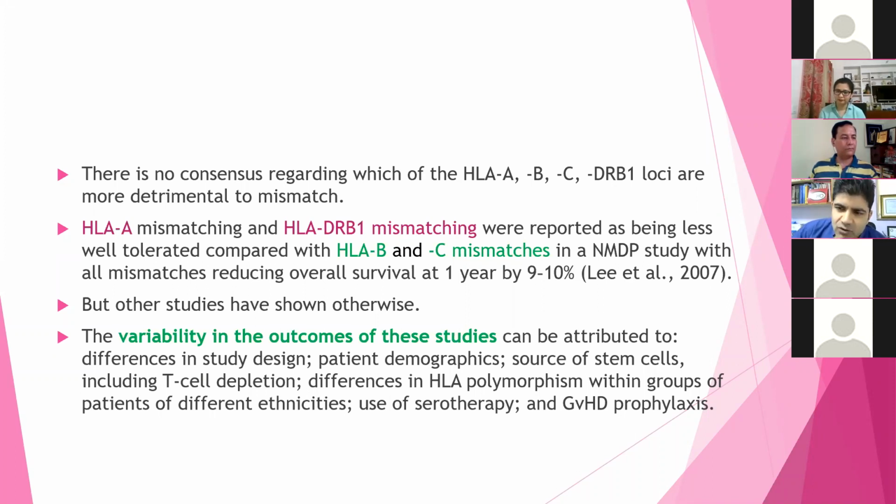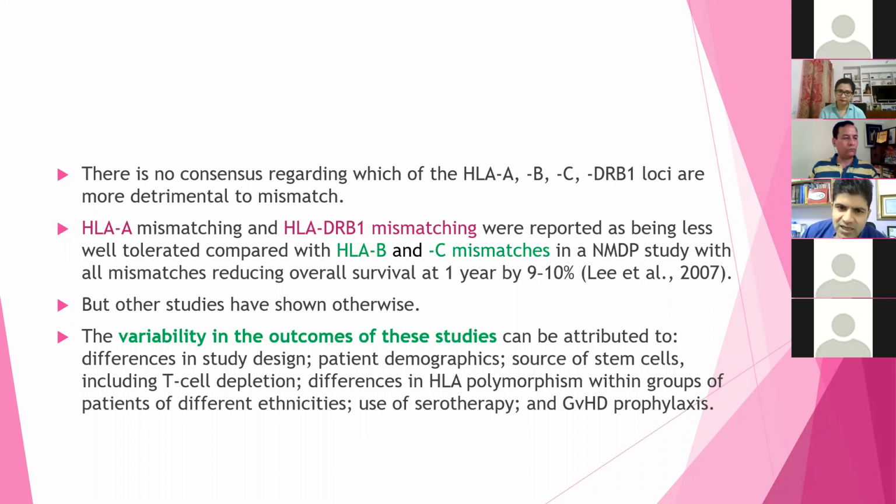First of all, every mismatch, especially in the A, B, C, and DR loci, increases the transplant mortality by 10%, and multiples of that.